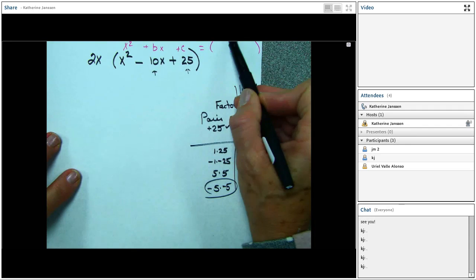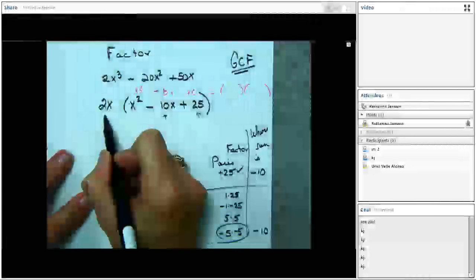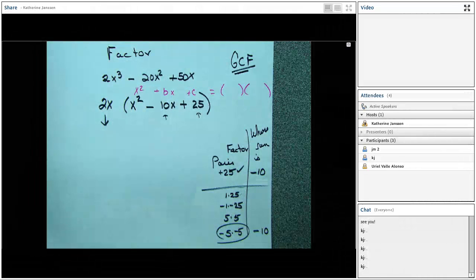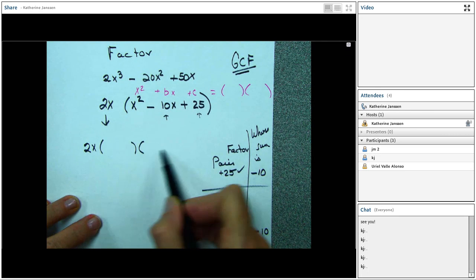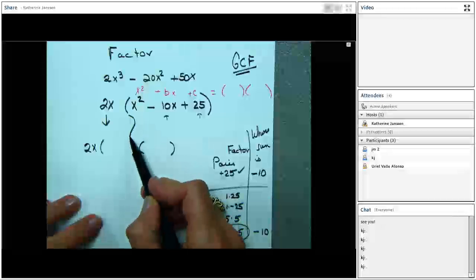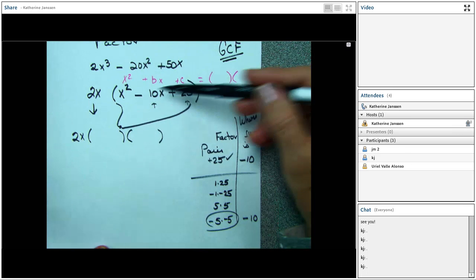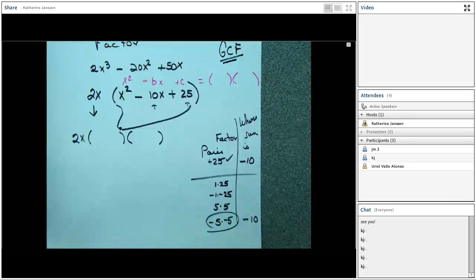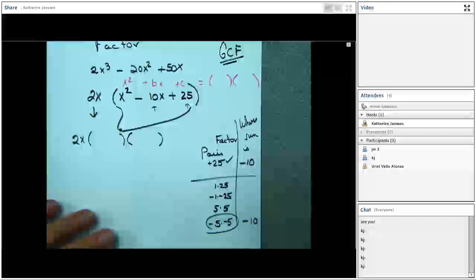Now we were following strategy to always look for that greatest common factor, and we did. But don't forget to carry your greatest common factor along as we factor the trinomial. So we're factoring the trinomial now as the product of two binomials. A common mistake is to forget or drop your common factor.